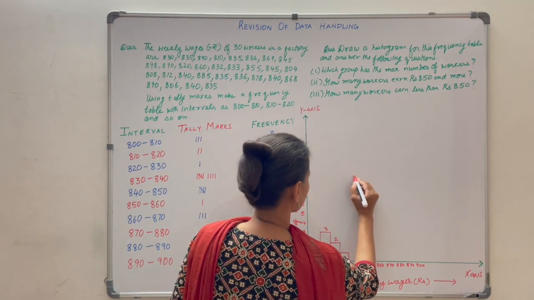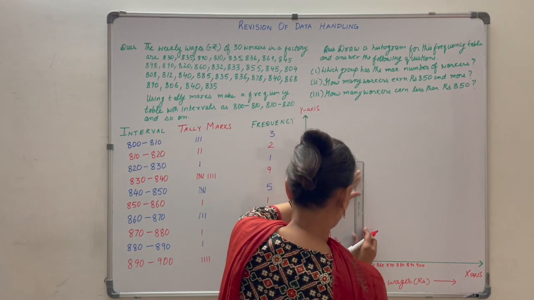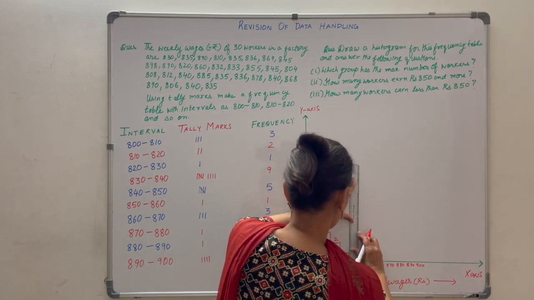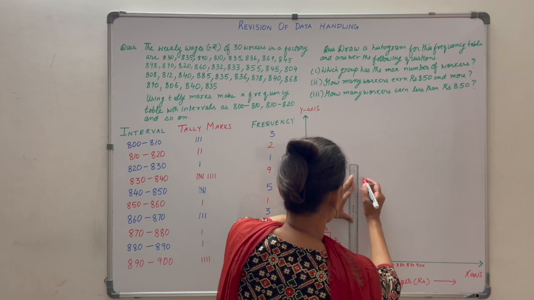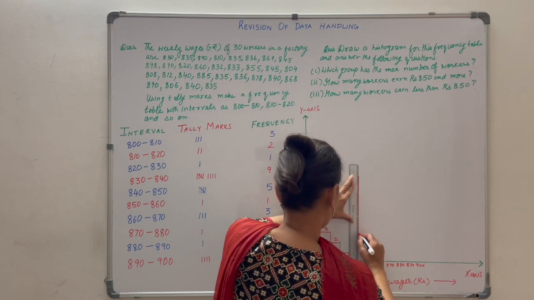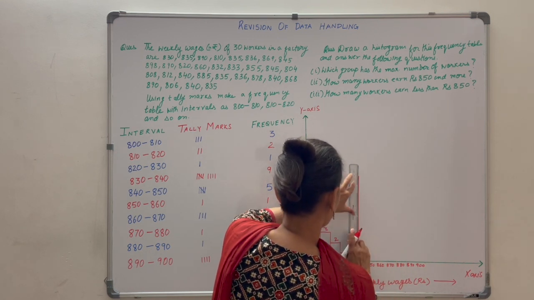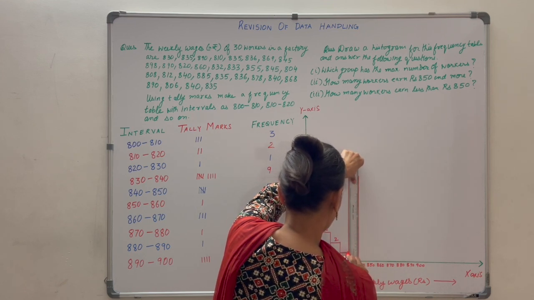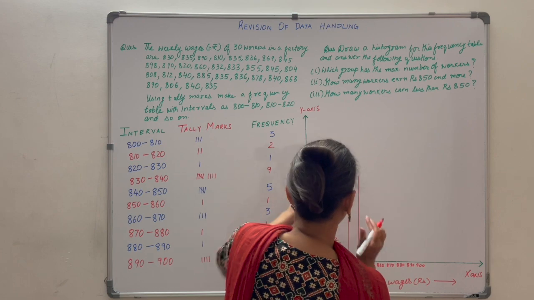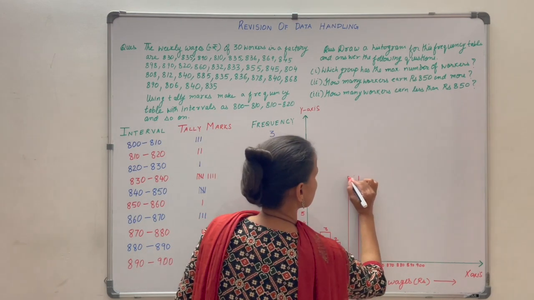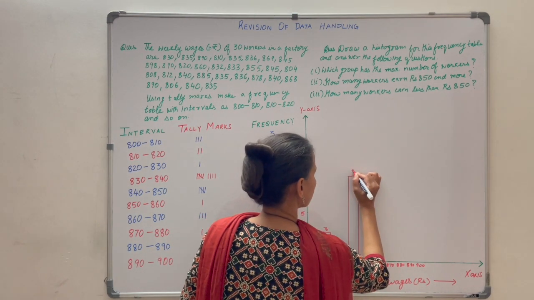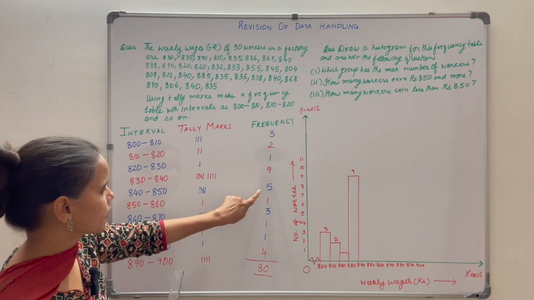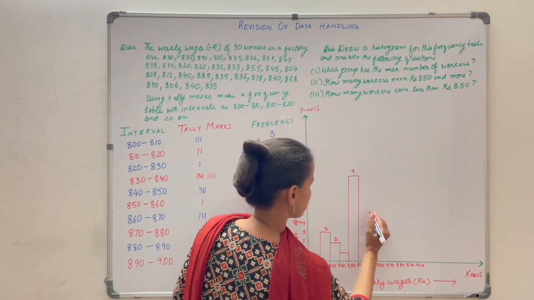It is here. This is 9. For 840 to 850, it is 5. 5 is here.